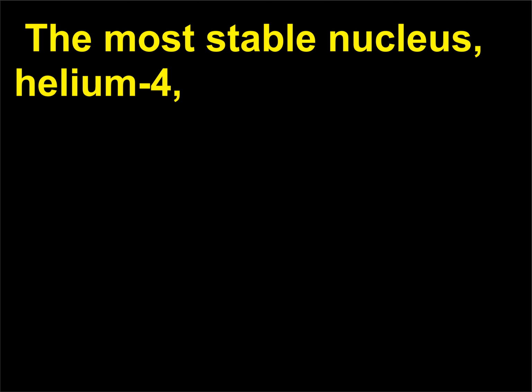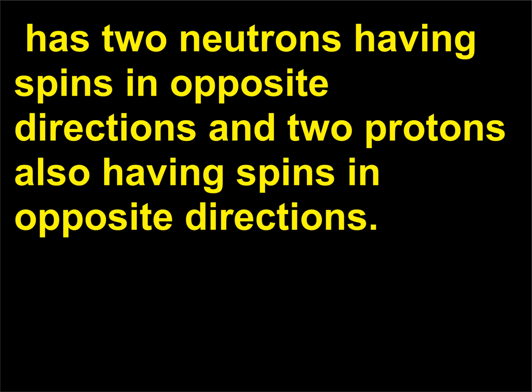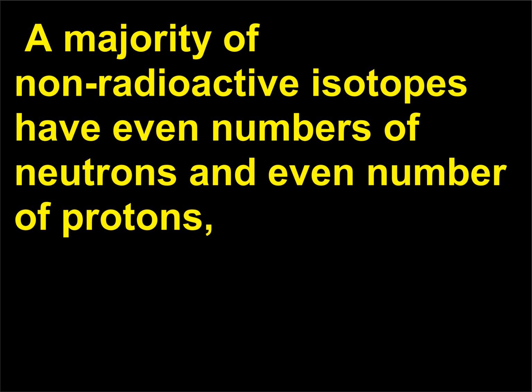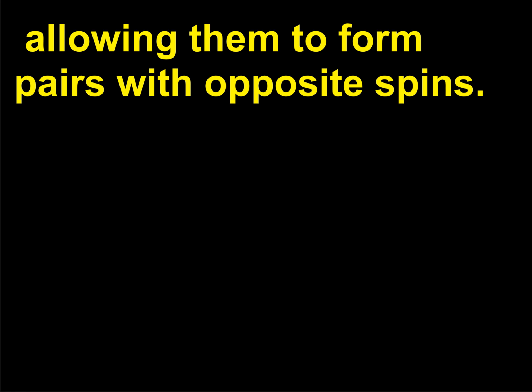The most stable nucleus, helium-4, has 2 neutrons having spins in opposite directions and 2 protons also having spins in opposite directions. A majority of non-radioactive isotopes have even numbers of neutrons and even numbers of protons, allowing them to form pairs with opposite spins.